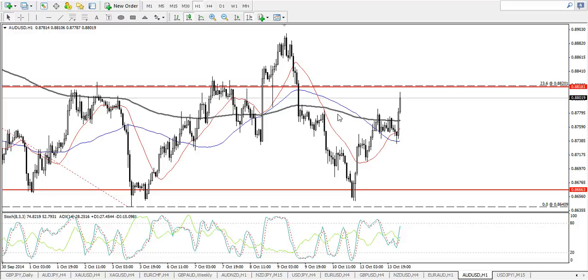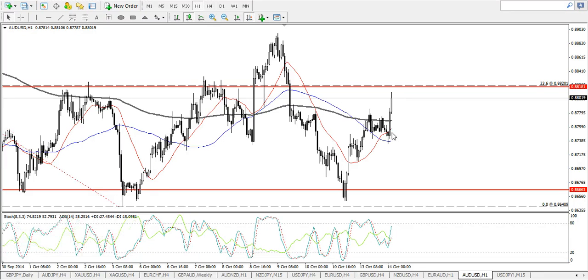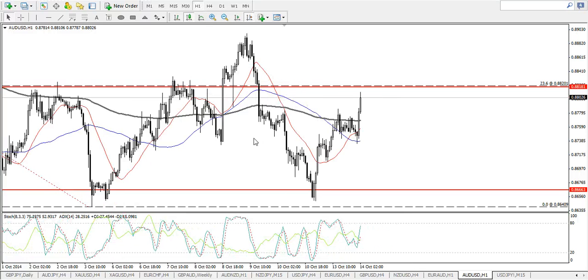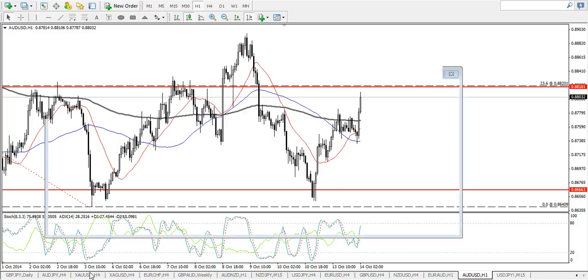So this is why we are seeing this movement even though the business confidence actually fell.